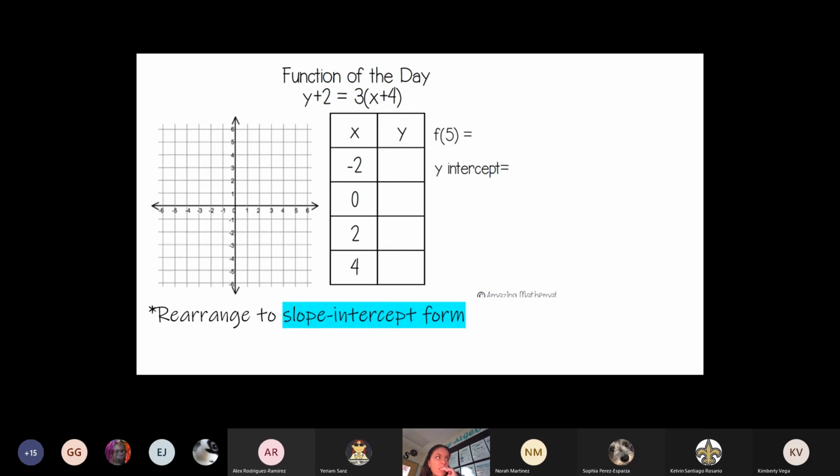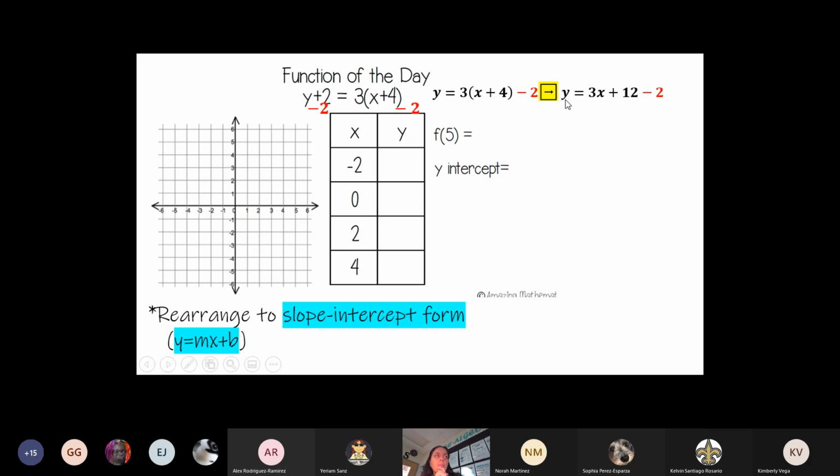Moving on to the function of the day. Again, here I have a function, and I want to rearrange it to slope-intercept form, which is y equals mx plus b. So I need to isolate this y, or get rid of this 2. I'm going to subtract 2 from both sides, and I get y is equal to 3 multiplied by x plus 4, minus 2.